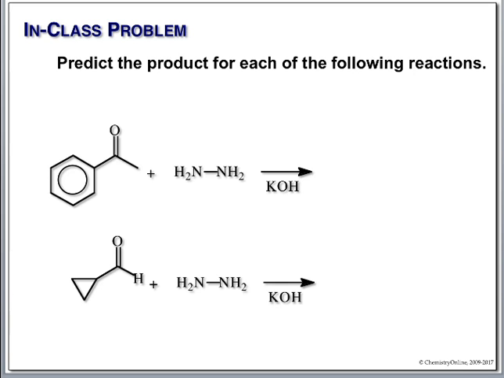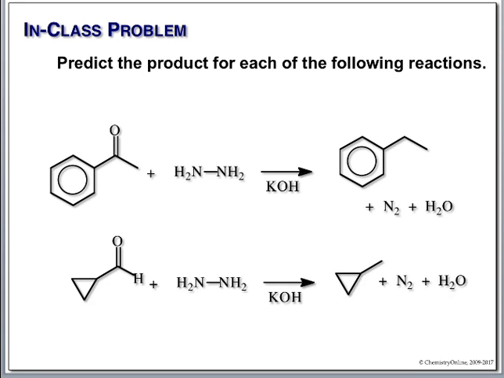All you have to do is look at your carbonyl and remember that that is going to be a CH2. Carbonyl becomes a CH2. Here we have ethylbenzene, and down here we would have methylcyclopropane. Is it always in KOH? Yep, KOH, good strong base.